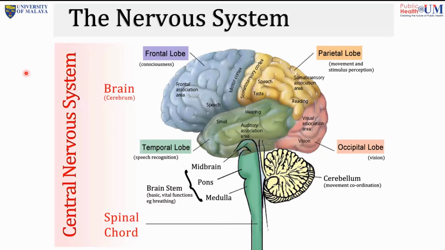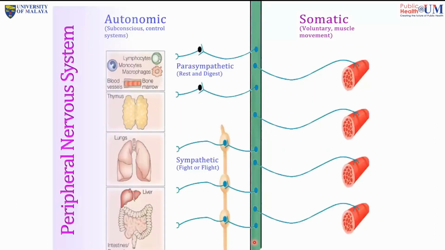So, just to highlight the difference between the central nervous system and the peripheral nervous system. The central nervous system consists of your cerebrum and cerebellum, so your brain, and all these are your central nervous system. Your peripheral nervous system starts from your spinal cord, and in the peripheral nervous system we have both autonomic and somatic.